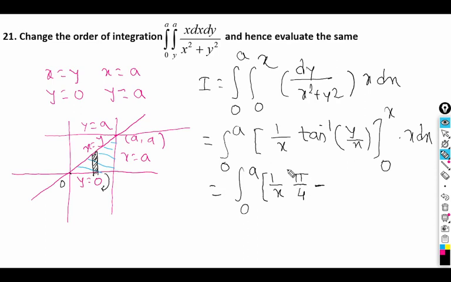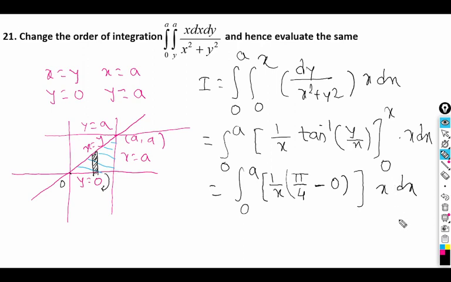So pi by 4 minus 0. We use two values: tan inverse 1 is pi by 4, tan inverse 0 is 0. If you're not able to recall these values, use a calculator. On the calculator, calculate tan inverse 1. The calculator will show you 45. The calculator always gives the answer in degrees. You should write in radians, pi by 4.